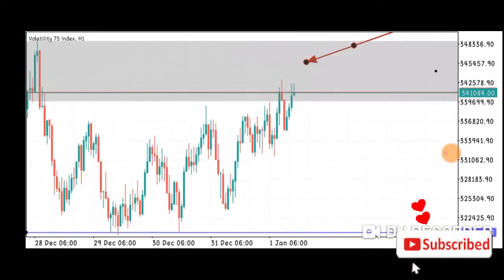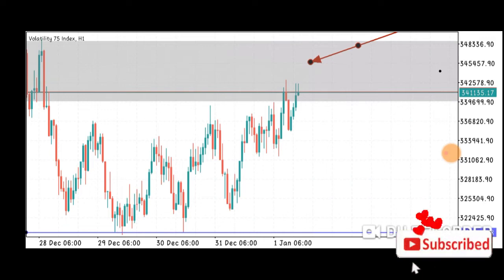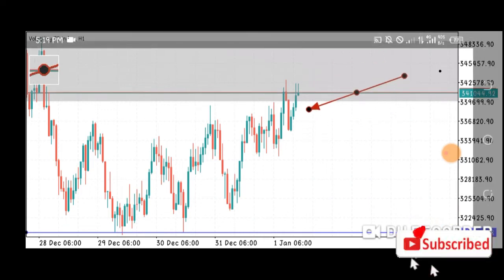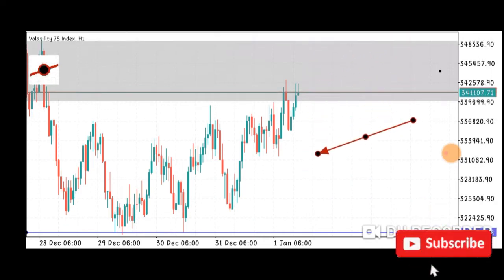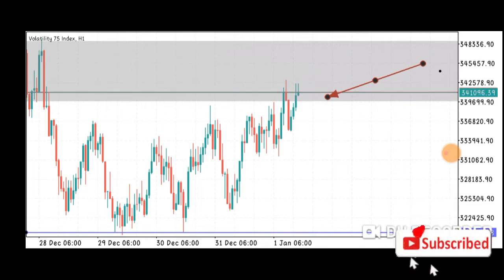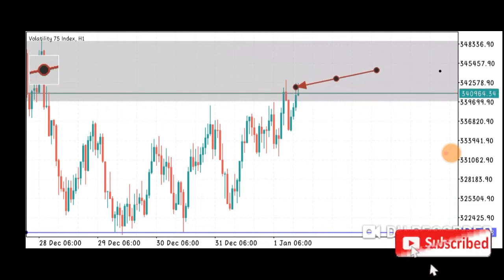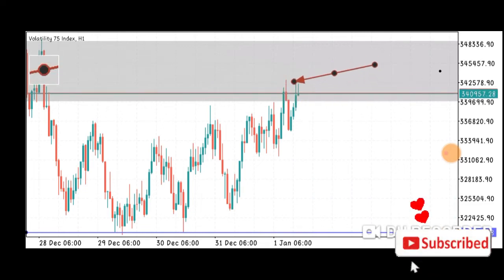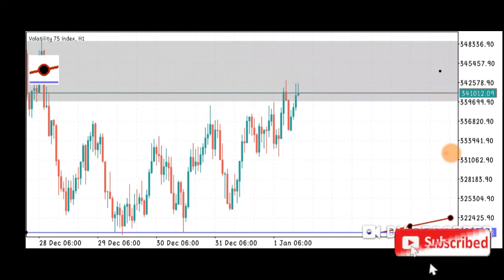So we also expect that price will possibly break away from this supply area, then it will continue in an uptrend, or price is going to get rejected at this point and come down back to this point of resistance to test this point of support rather.